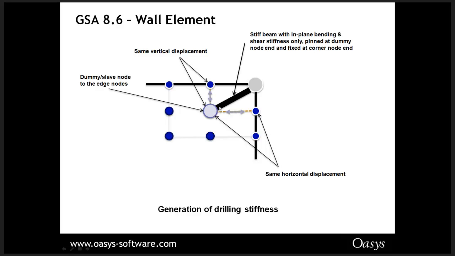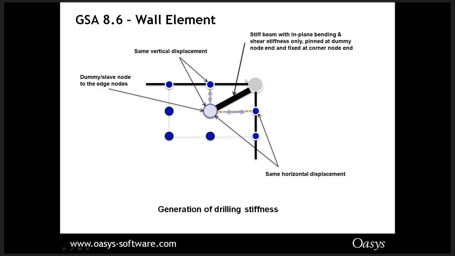Then we add a beam from this dummy node to the corner node. The beam section size is very large. It's not fully rigid, but very large. The beam is connected to the dummy node by a pin, and fixed to the corner node.